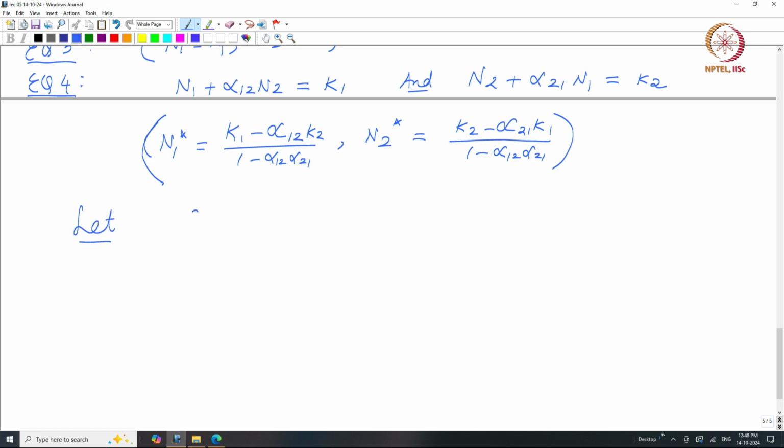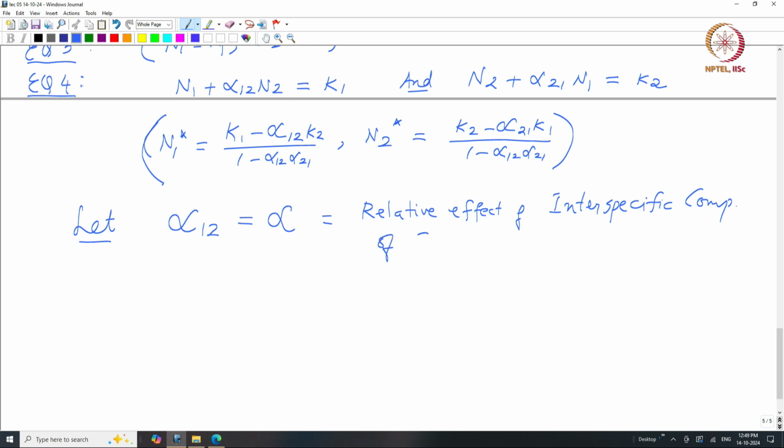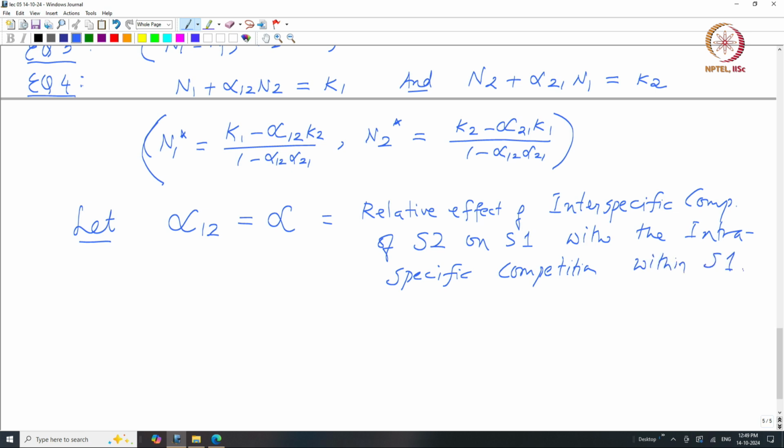Let us denote alpha 1 2 as alpha, which basically is the relative effect of inter-specific competition of S2 on S1 with the intra-specific competition within S1.